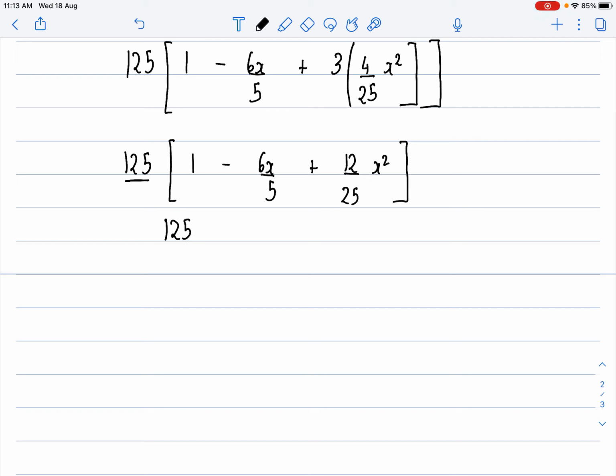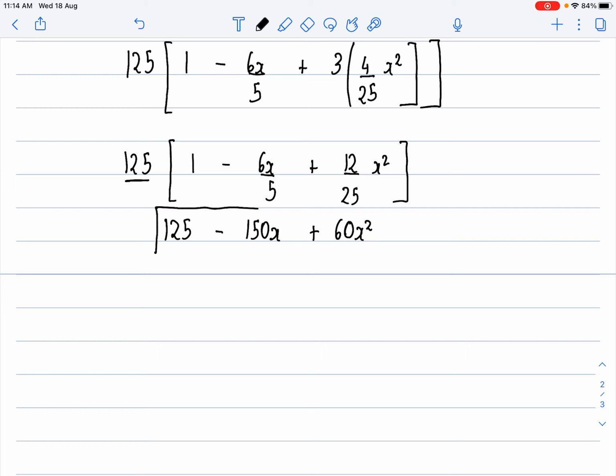So you can do 125 minus, now you can simply do 125 into 6 over 5, correct? Which is basically 150x, okay? Then you can do 125 into 12 over 25, which basically gives you plus 60 x square.